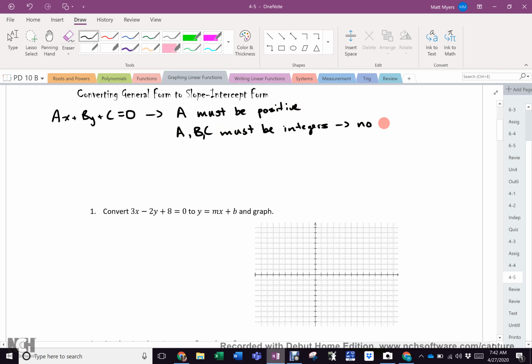So I'm not allowed to have fractions, which means I'm not allowed to have fractions' ugly cousins, decimals. So as long as everything is on one side of the equation and there's no fractions or decimals, I have general form.